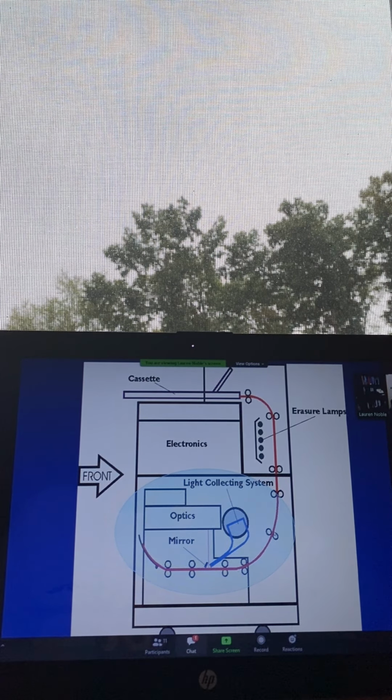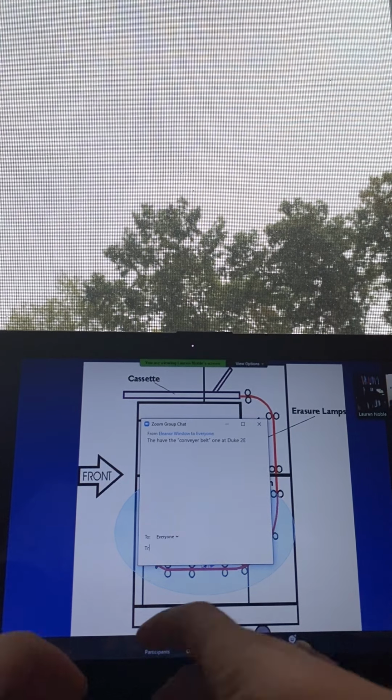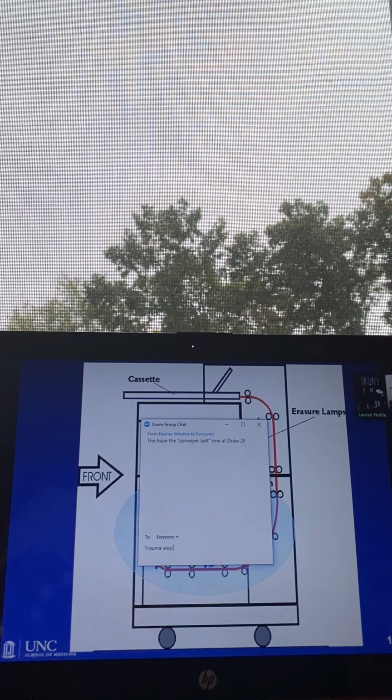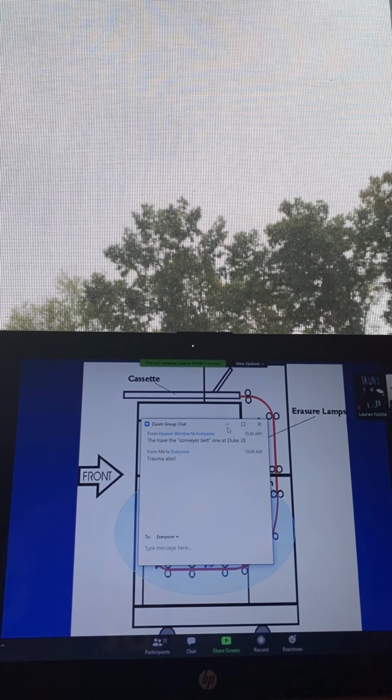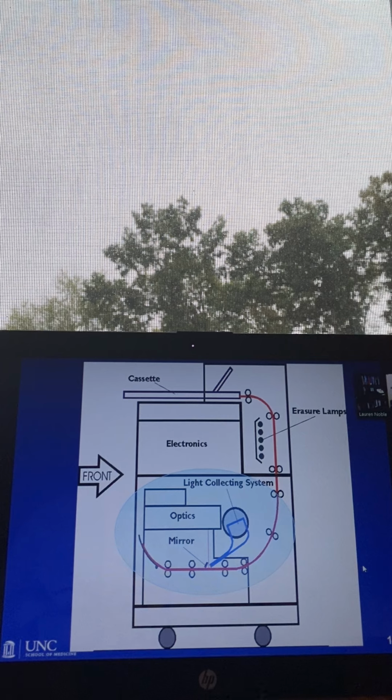It goes down to the bottom of the reader, and there's a mirror in there. There are optics, which is a laser, and then there's this light collection device and a photomultiplier tube. So there's this whole system, all these different components down here in the bottom of the reader that will extract this image.